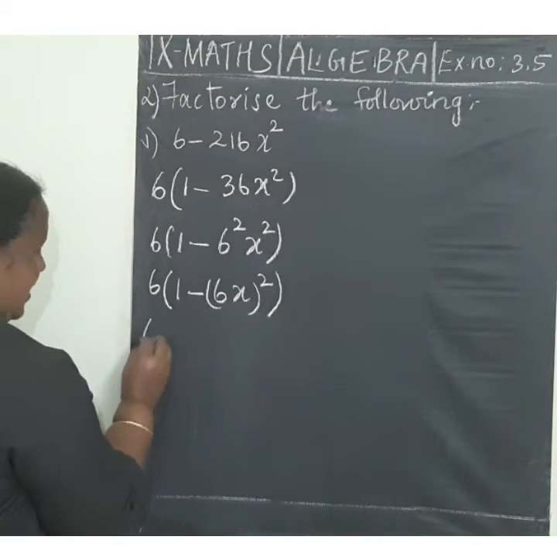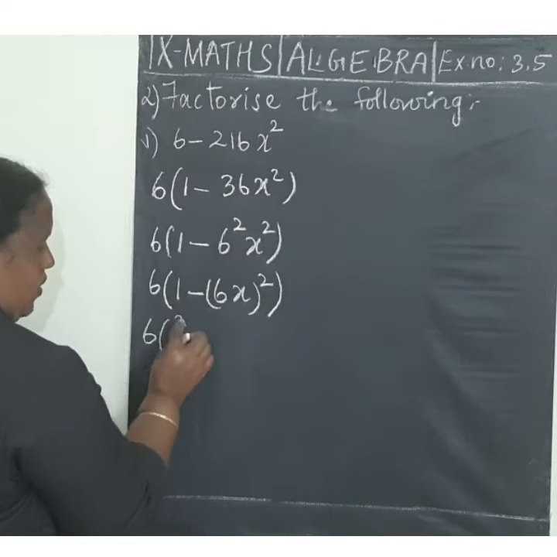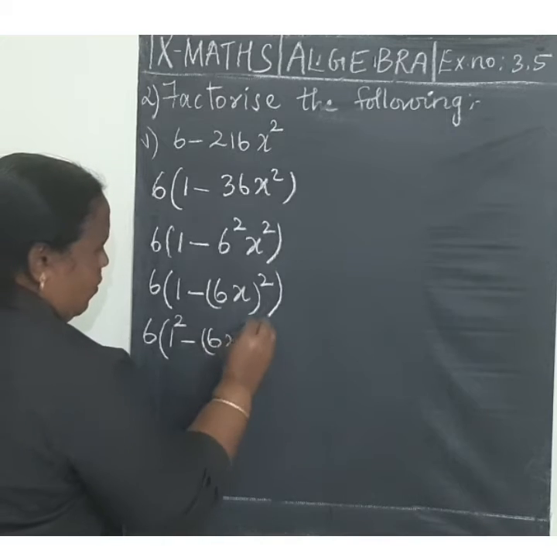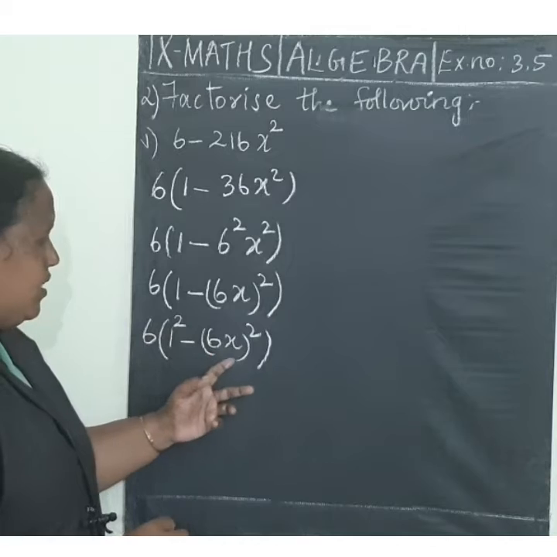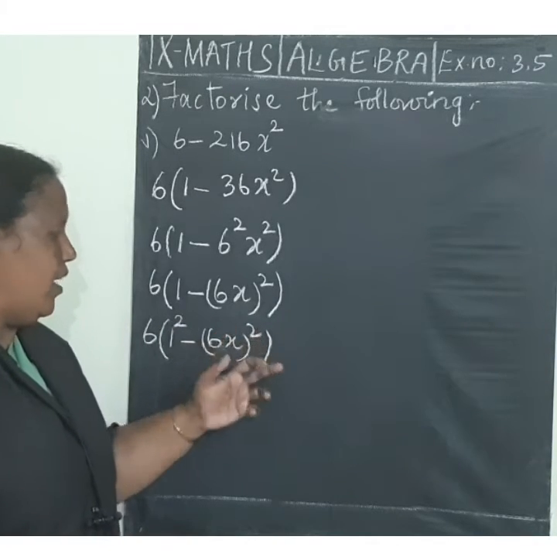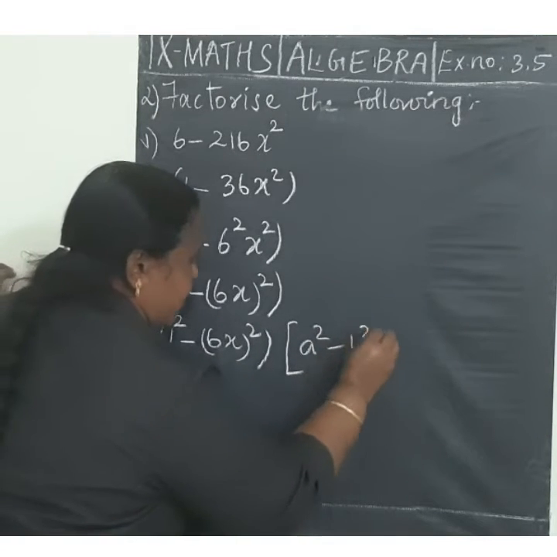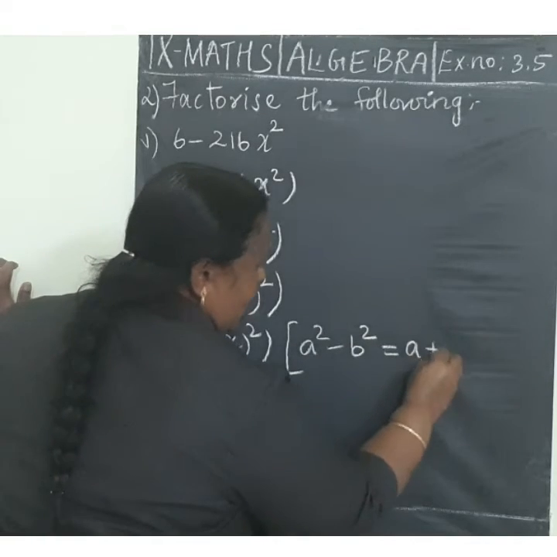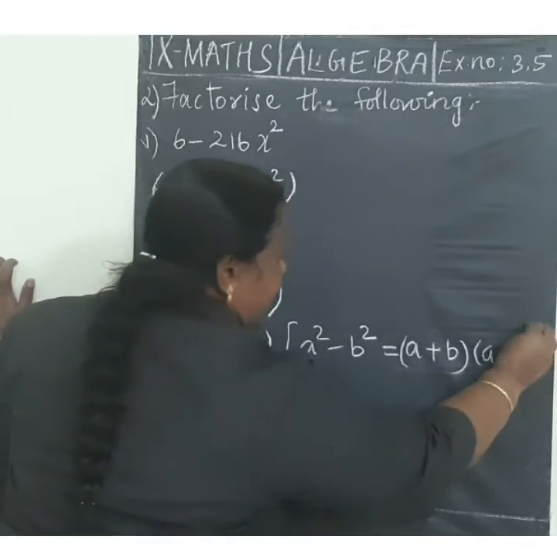So again we will write 6 into 1 square, 1 we can write it as 1 square. So 1 square is 1 only. So 1 square minus 6x the whole square. Now 6 into 1 square minus 6x the whole square. It is in the identity a square minus b square. So a square minus b square is equal to a plus b into a minus b.